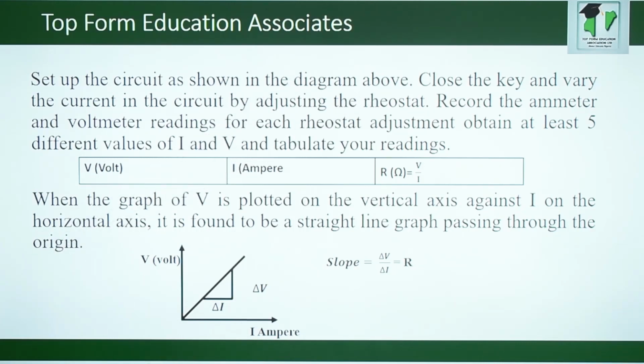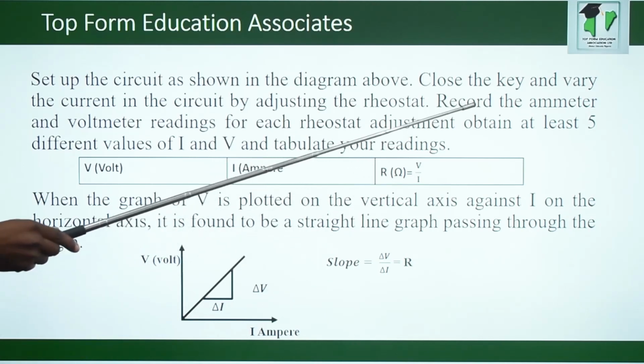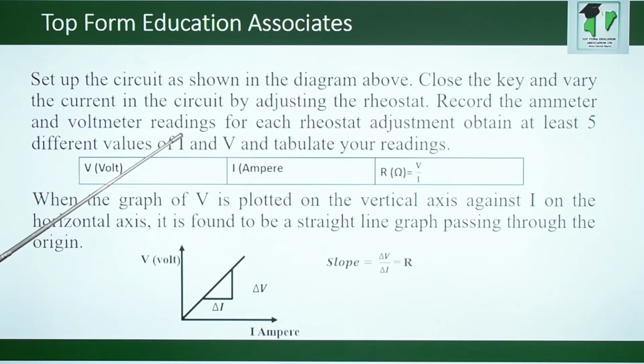You close the key and adjust the amount of current flowing into the circuit using the rheostat. Record the ammeter and voltmeter readings for each rheostat adjustment. For each adjustment, you check the current read on the ammeter and that on the voltmeter.